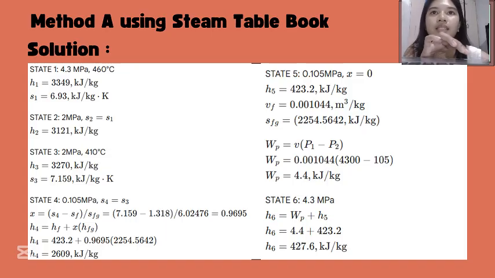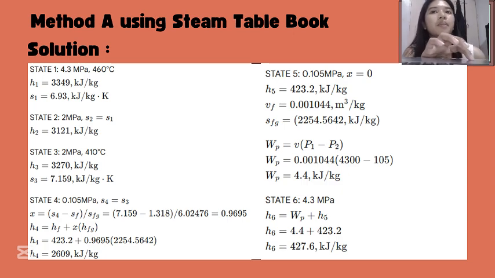At the condenser outlet, state 5 is a saturated liquid at 0.105 MPa with an enthalpy H5 of 423.2 and specific volume of 0.001044.